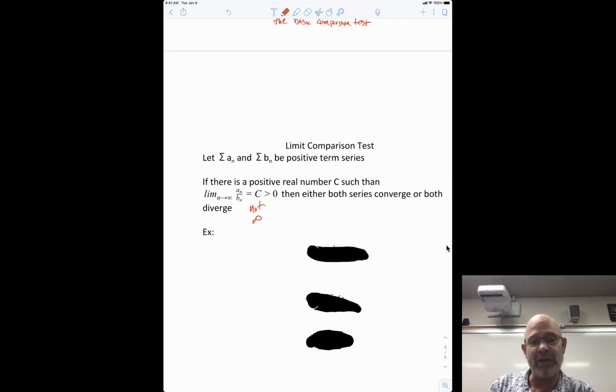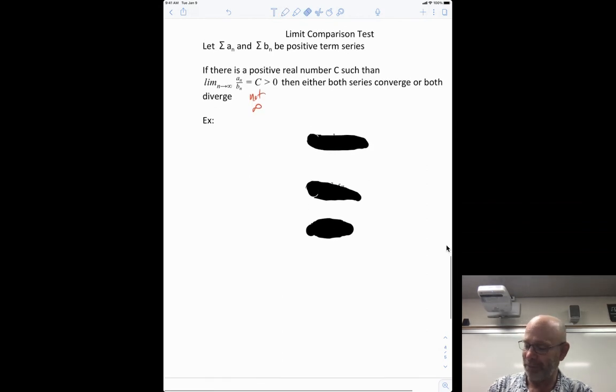They're either both going to converge or they're both going to diverge. So if you know what one of them does, you know what the other one does, but you have to find the thing to compare it to again.